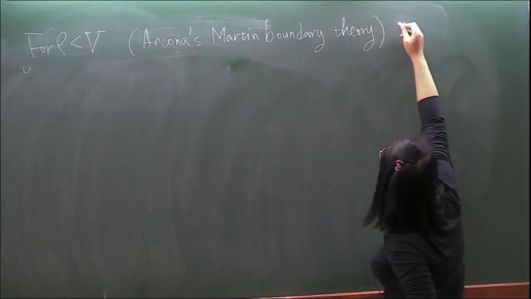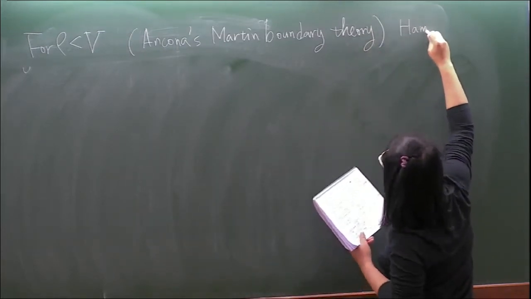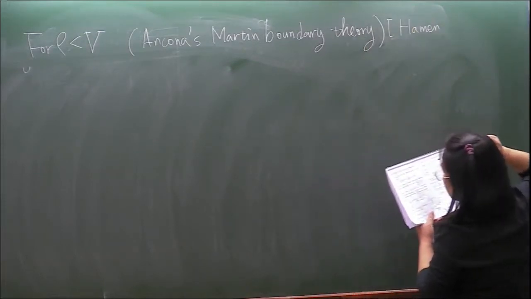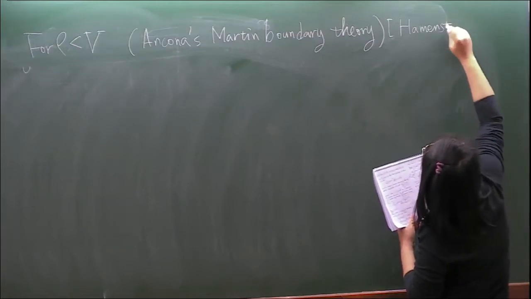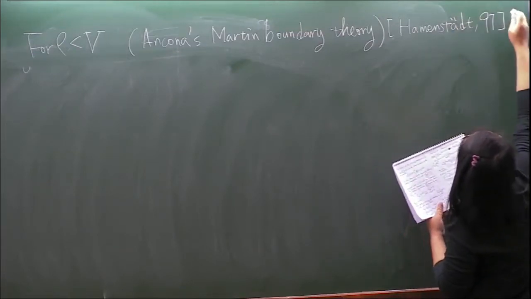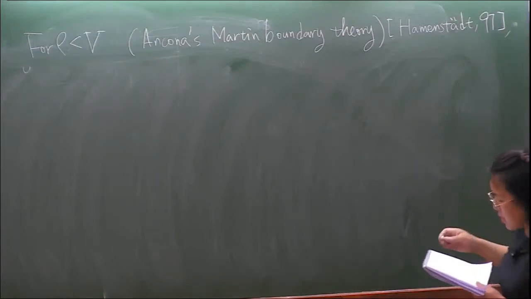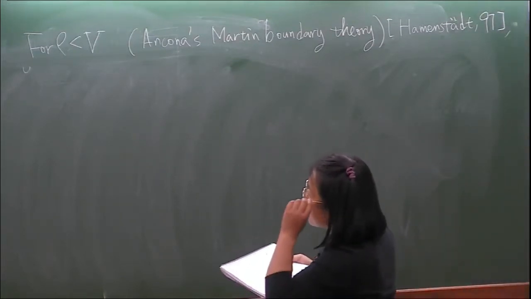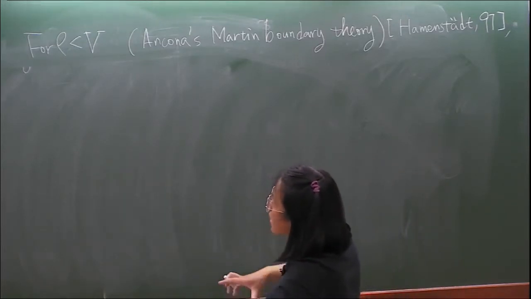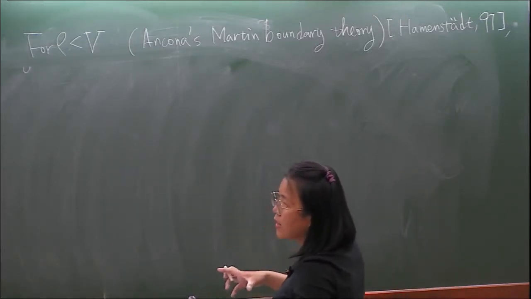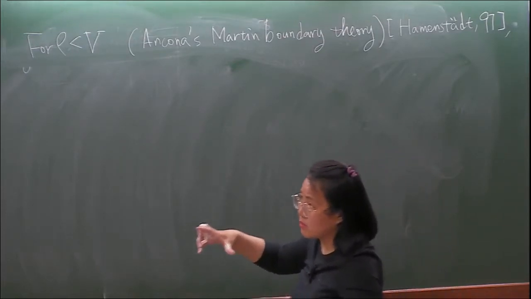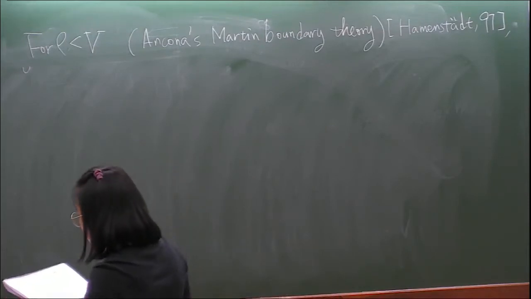A reference is that you can look at the Hampstead paper. It's like the hyperbolic group case, but now the point is that the geometric boundary coincides with the boundary for negative curved space in this case.